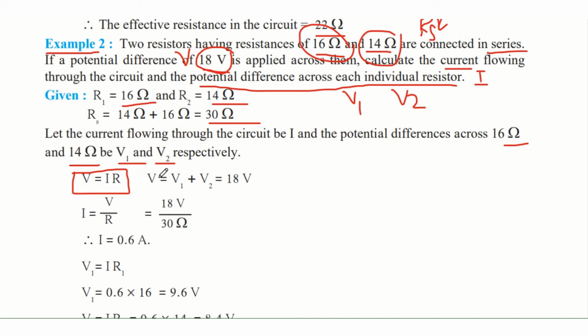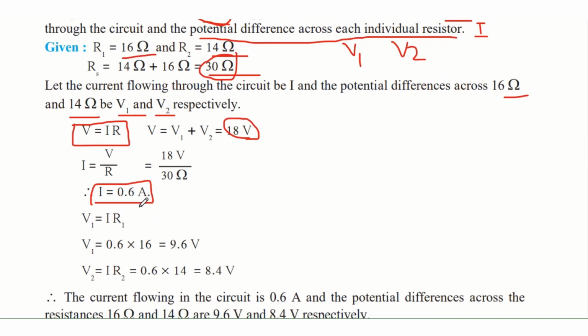So V is equal to V1 plus V2, which they have given us already that it is 18. So now we have the effective resistance, which is 30, and we have V, which is 18. So we can easily find I by doing I is equal to V upon R, and therefore we get I is 0.6 ampere.